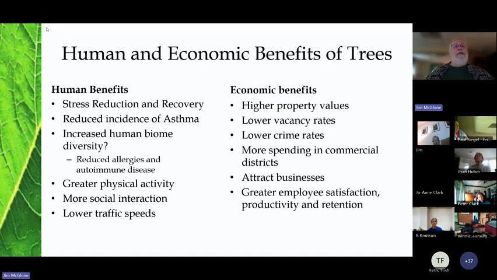We're also starting to tease out, we know the human biome, which is all of the stuff in your body that's not human tissue, particularly the bacteria and things in your gut, affect particularly allergies and autoimmune diseases. What we're starting to see is that living in a more diverse environment leads to a more diverse internal biome, which would reduce the incidence of allergies and autoimmune disease.